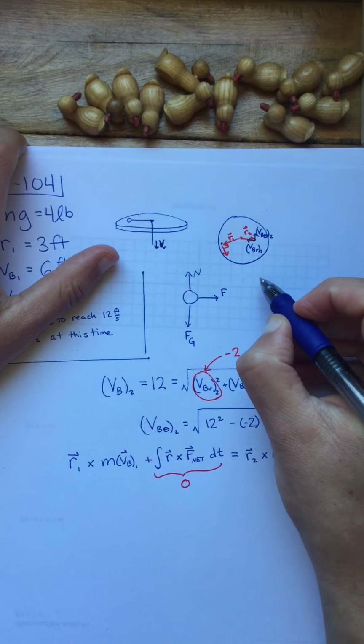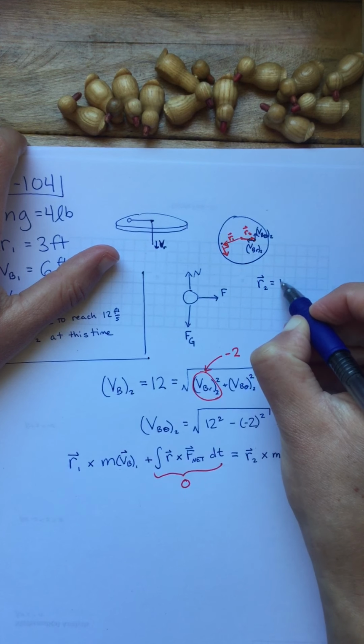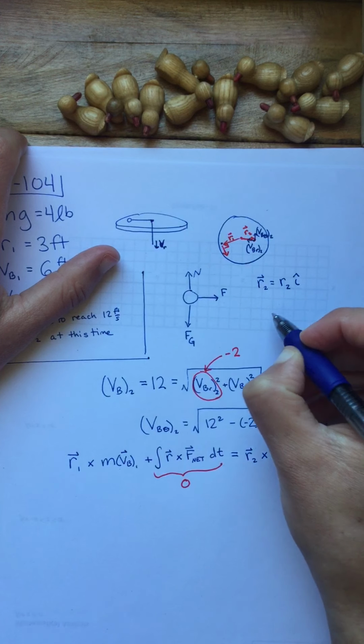So at event 2, my vector r2, let's say, has a magnitude of r2 and is pointing in the i hat direction.